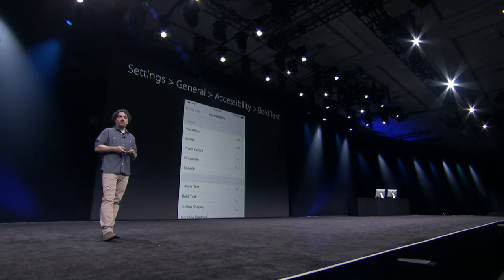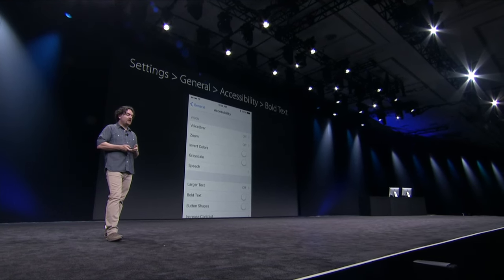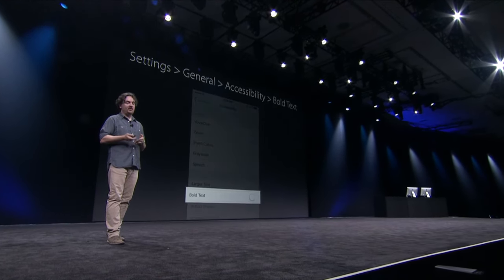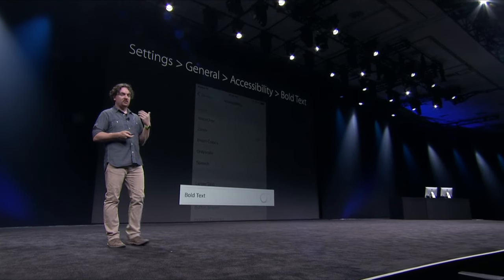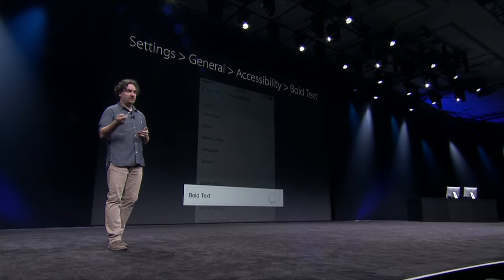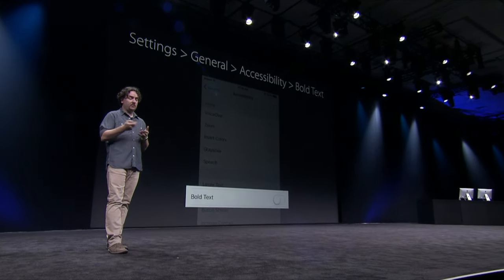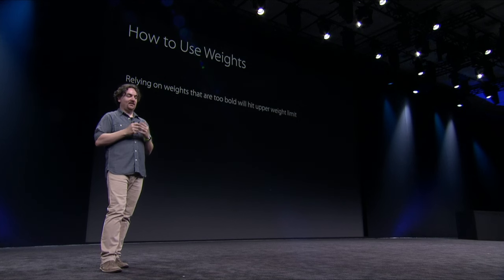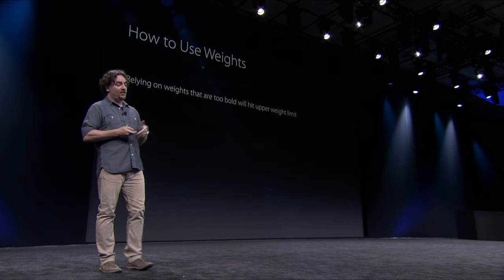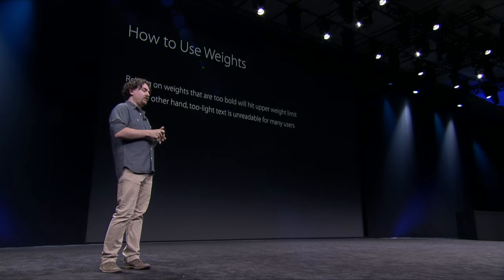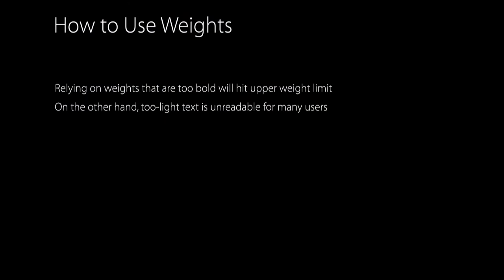When working with weight, you also have to remember that there is a setting, both in iOS and watchOS, to change the weight of the fonts on people's devices. So if you're relying on weights that are too bold, you might hit a ceiling there. On the other hand, if you're relying on fonts that are too light, text might be illegible.